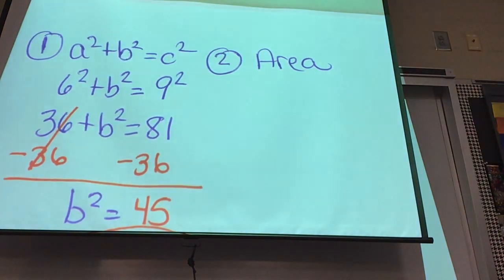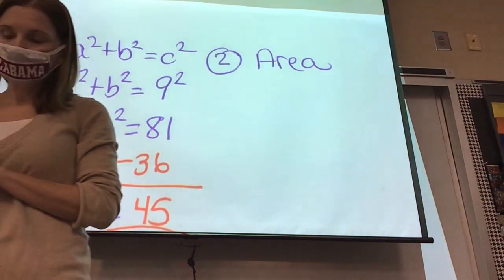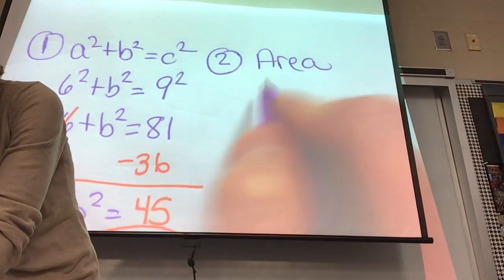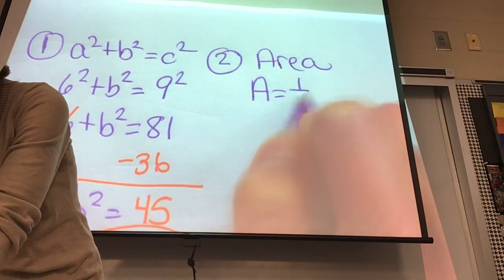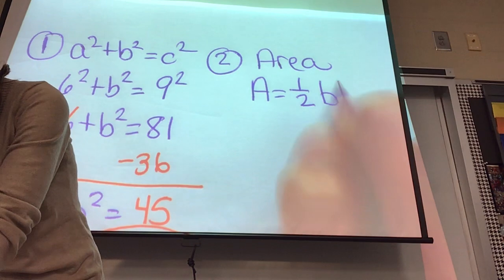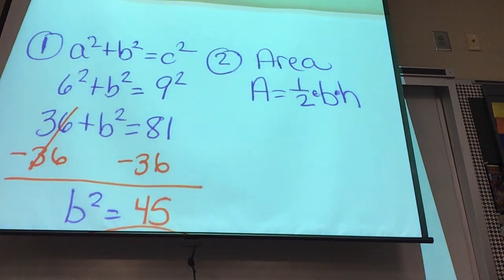So for your area, we are going to do, remember, A equals 1/2 base times height. One half times base times height.